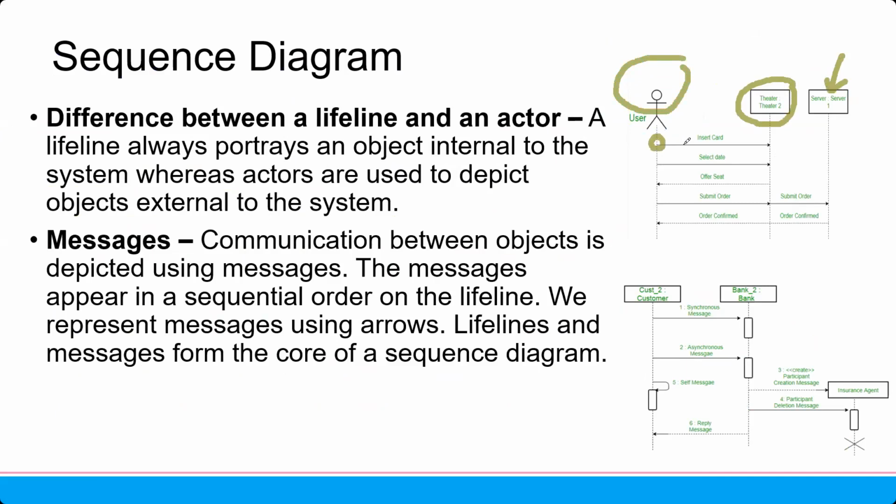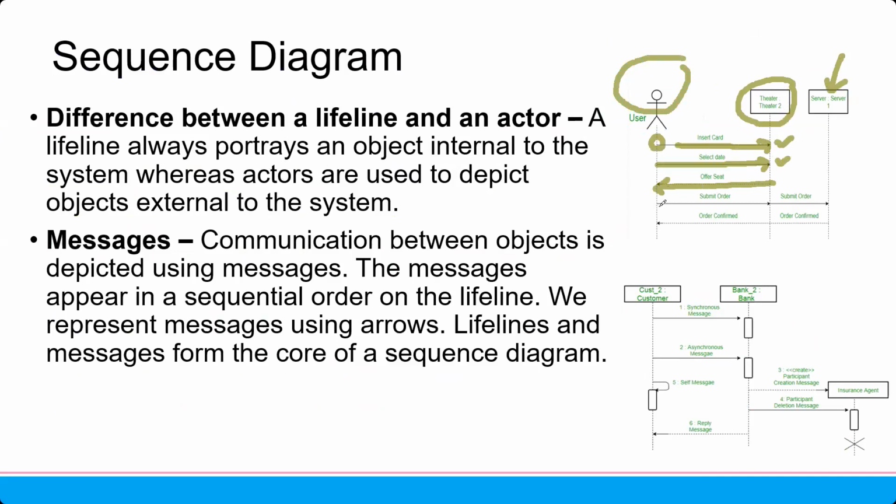So there will be a kind of communication for the user. He at first will insert the card to the system in the theater, and then the user will select the date. After the system receives the card and the date, it will return the seat information.